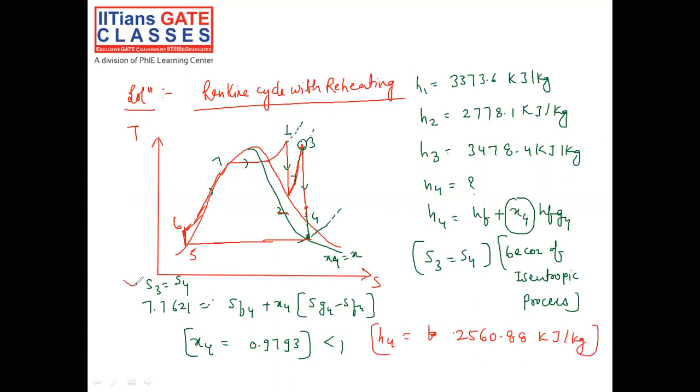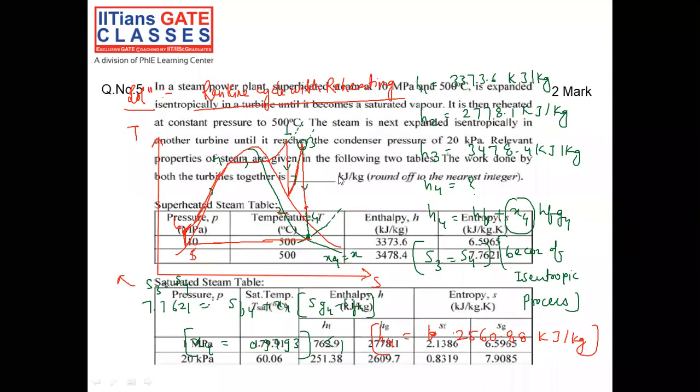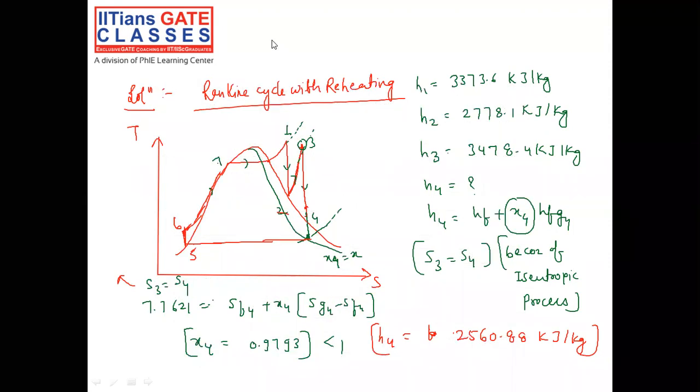Now regarding the pressure, at what pressure are you going to calculate? Let me move back to the question. You can see the pressure is given as 1 megapascal and 20 kilopascal.